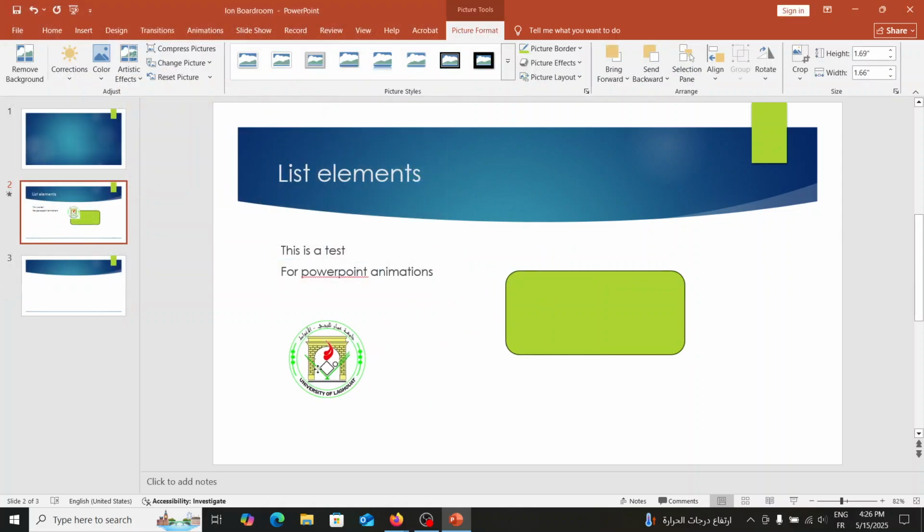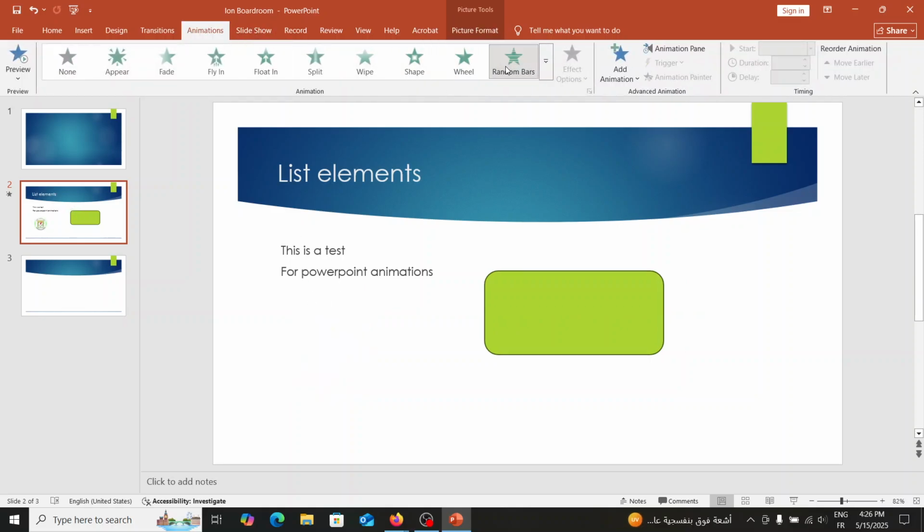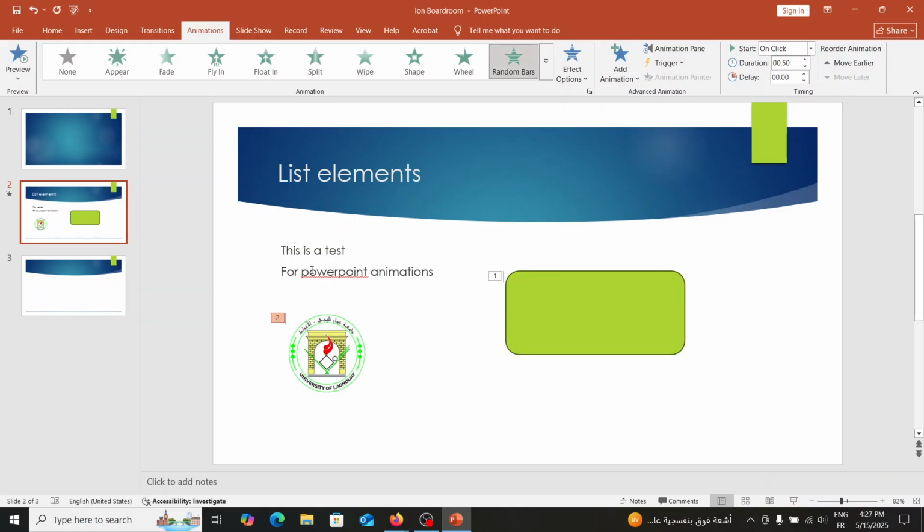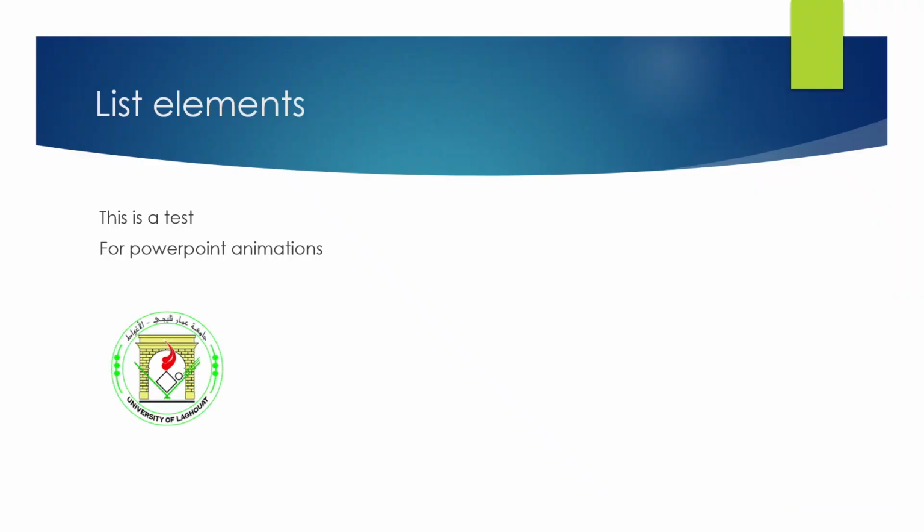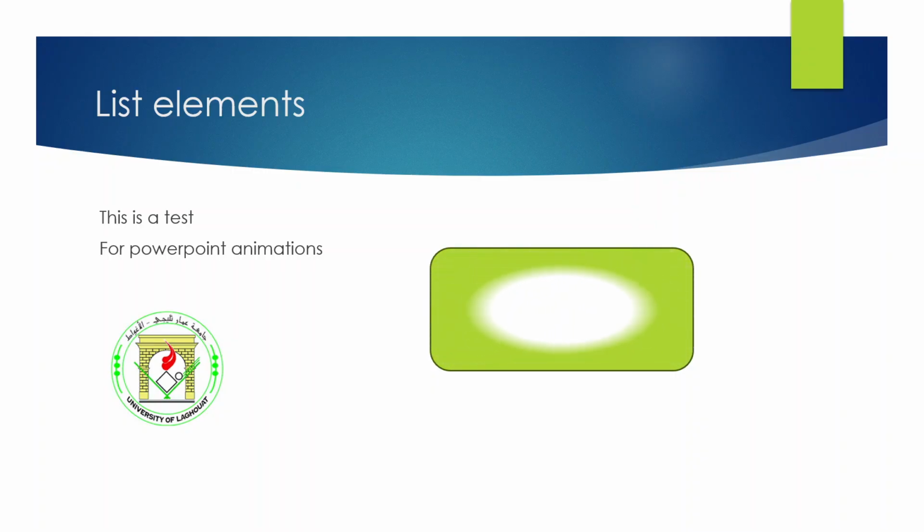Let's go with this one and use the random bars animation. Now we can reorder the animations. They are executed according to the number assigned to each animation. Let's try it. Notice the picture appeared first and then the shape.